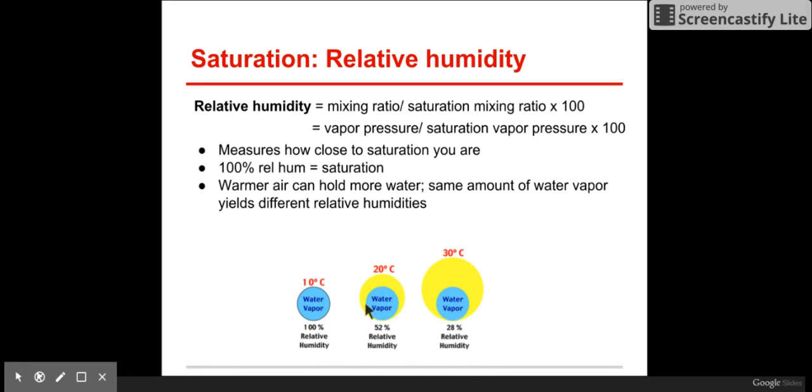You'll note that at different temperatures, you have a different saturation mixing ratio, with the amount of saturation mixing ratio increasing with temperature, so that the same amount of water vapor, or actual mixing ratio, at different temperatures will yield you a different relative humidity.